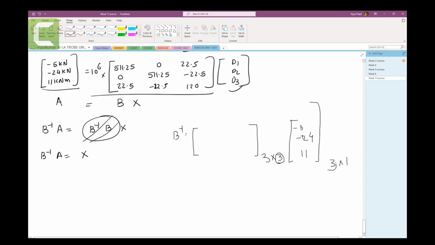These numbers and these numbers are the same, so multiplication is possible. But the answer would be 3 rows and 1 column.